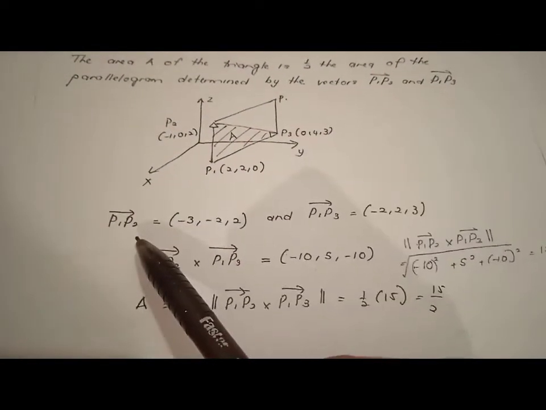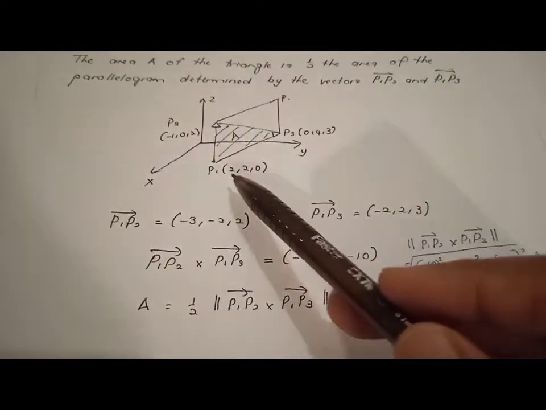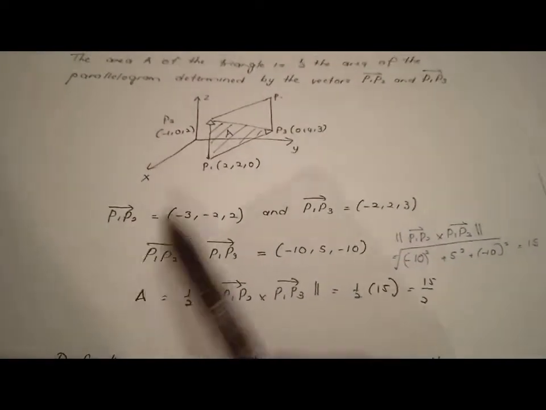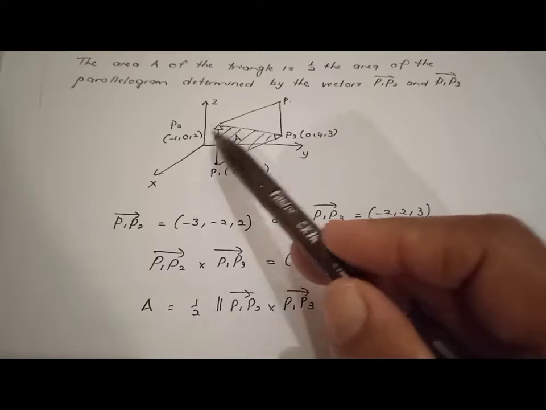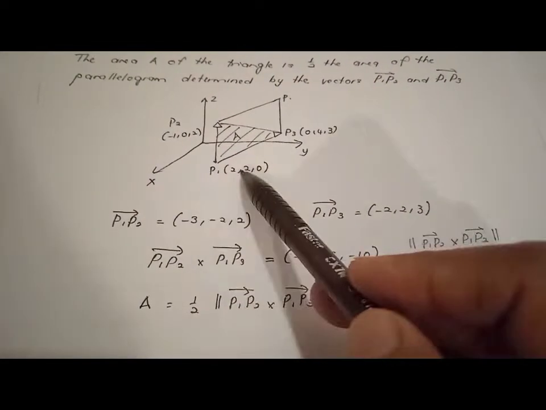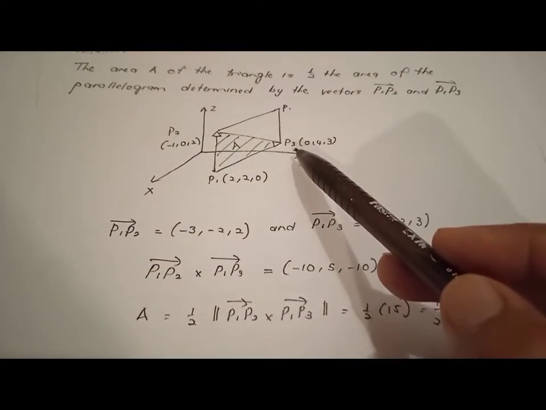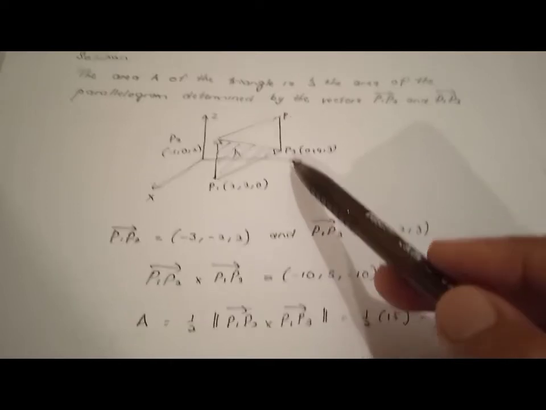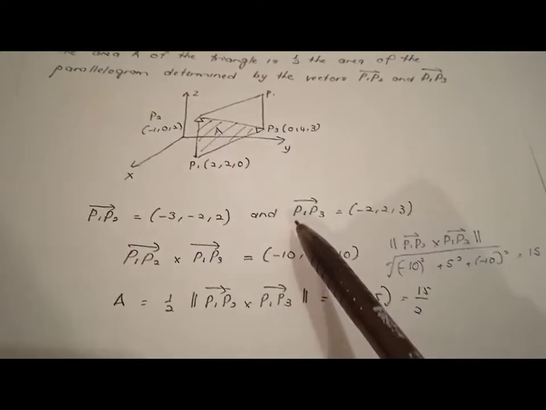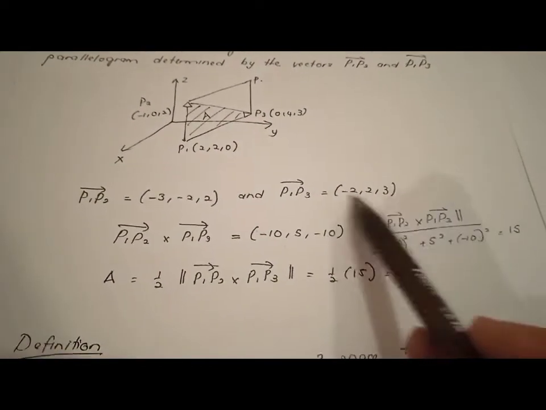Okay, first we find the component from P1 to P2 and the component from P1 to P3. For the component P1 to P2, we take the component of P2 minus the component of P1, so we obtain this. And then the component of P3 minus the component of P1, we get the vector P1 to P3, like this one.